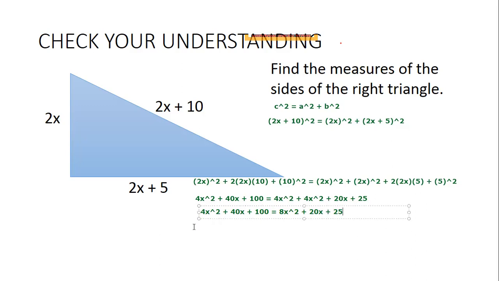Okay, to make this the general form of the quadratic equation, ax squared plus bx plus c equals 0, transpose everything to the other side of your equation. So this becomes 0 equals 8x squared minus 4x squared plus 20x minus 40x plus 25 minus 100.